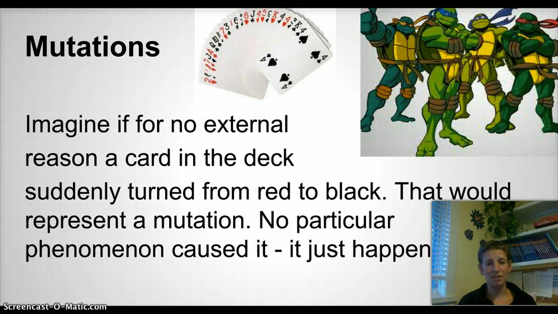We will get there later, and that alters the gene makeup. So if you all of a sudden took a black 4 out of the deck and replaced it with a red 4, that would change the cards in your hand. You would not have the same set of 52 cards in your deck as you did when you started with an original deck.